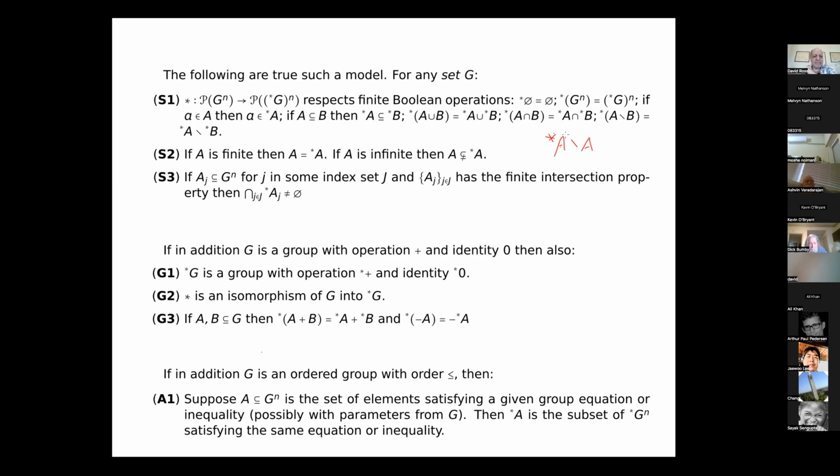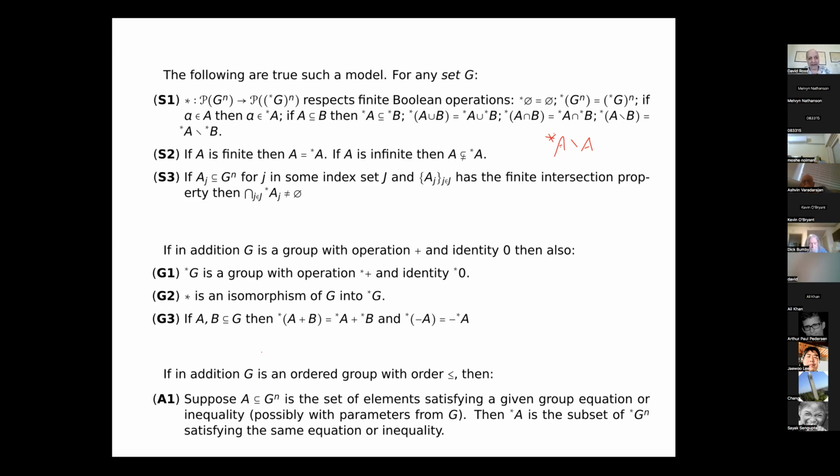Anyway, if G is a group, then star G is a group. In fact, it's a star group, but the group operations are first order. So not only are you a star group, you're also standardly a group. If we're standing outside of both these universes, we see it as a real live group.